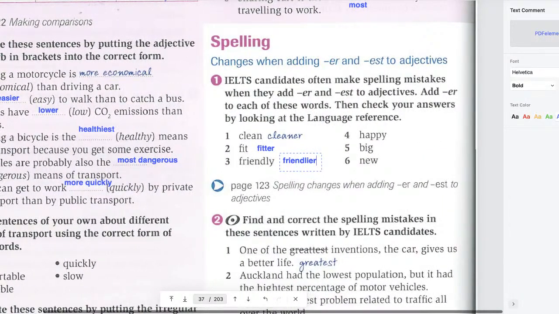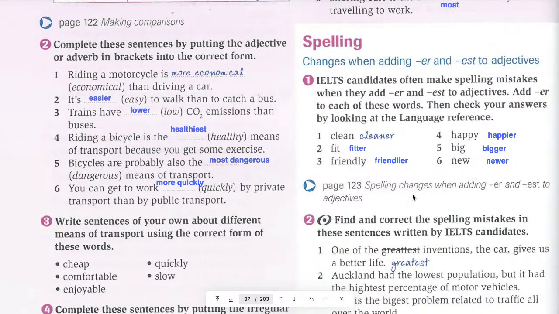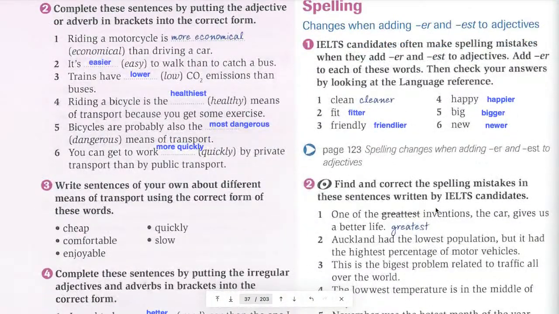Number 4, happy. Happier. So we replace Y by I, okay? I-E-R, happier. Number 5, bigger. Double G, yes. And then number 6, new. Newer.